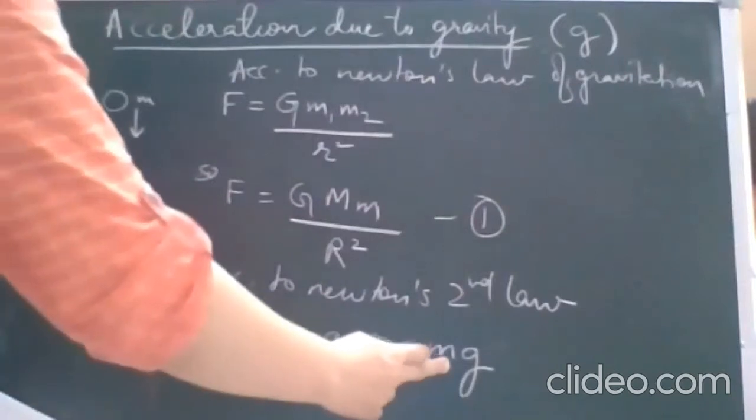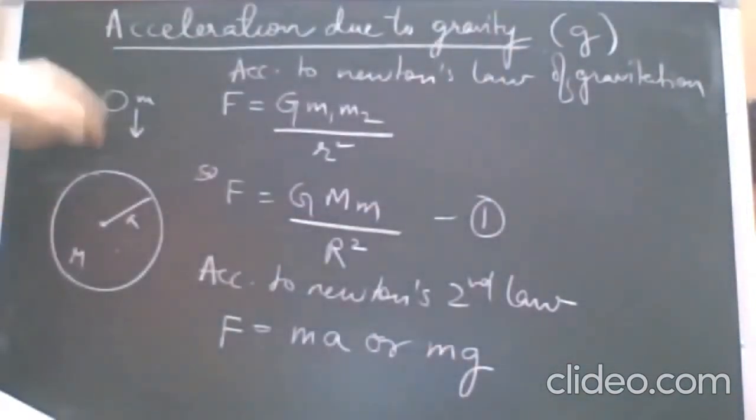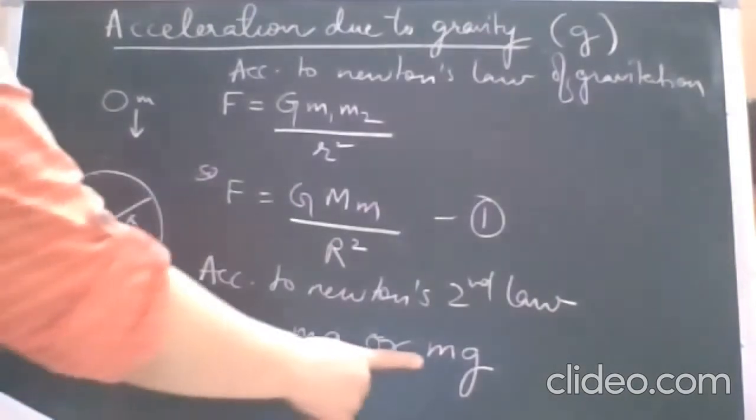This object is freely falling and no other force is acting on it, only gravity is acting on it. So this becomes F is equal to mg.